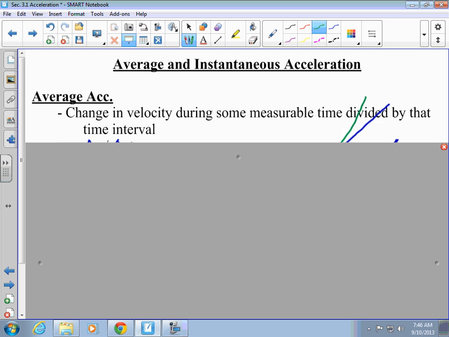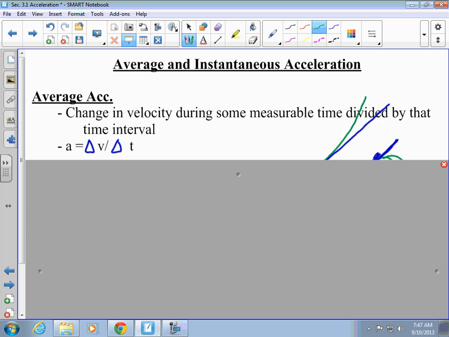On a VT graph, if I take two points, I can just find the slope between them. If it's a linear line, that's easy; if it's exponential or power, it's a little more difficult. But if I find the slope, that gives me the average acceleration for that line. The equation, and this is just a hyphen here, so it's not negative a, is acceleration equals change in velocity divided by change in time.